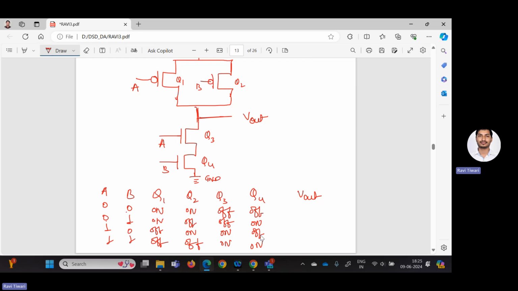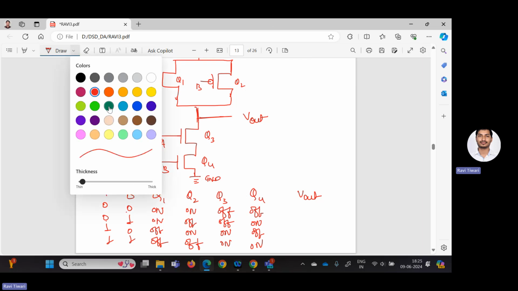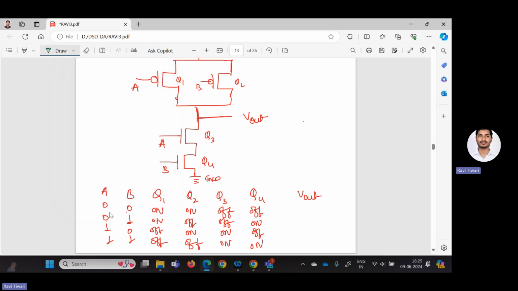Now you see, when we are giving 0, 0, both PMOS are short circuited. For example, I am giving 0, 0 as an input. If this is 0, Q1 is on, that means short circuited. And both Q3 and Q4 are off, that means open circuited. So V out will have a direct path to VDD.